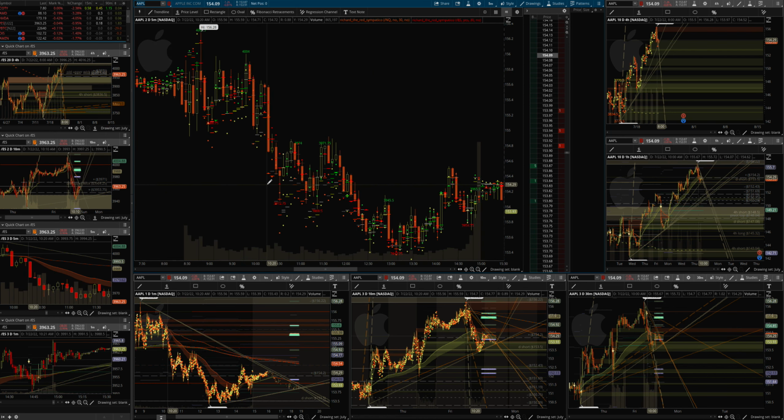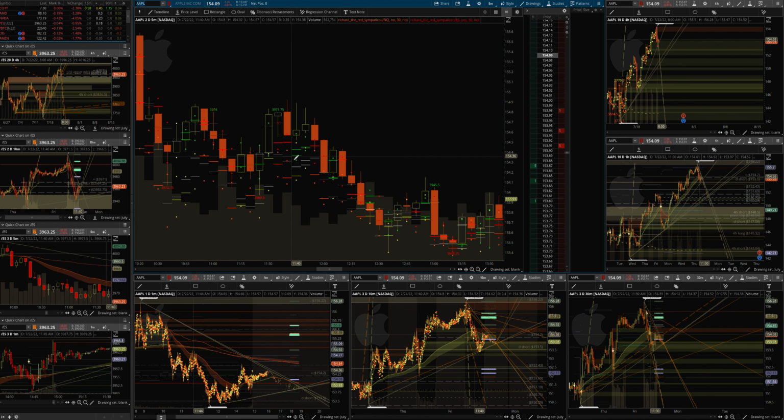But it is kind of cool to be able to overlay more than one underlying onto more than one sympathy onto your underlying. The color differences aren't big enough here, but you can make them whatever colors you want to be able to tell the difference, because you can see this candle here has a high upper wick and a much lower body. So the candle size more or less matches what's here. It's just so far below that I would expect Apple to start dropping in price from here.